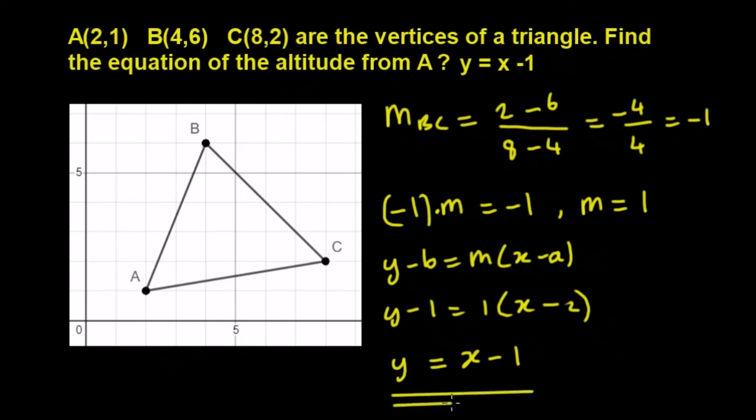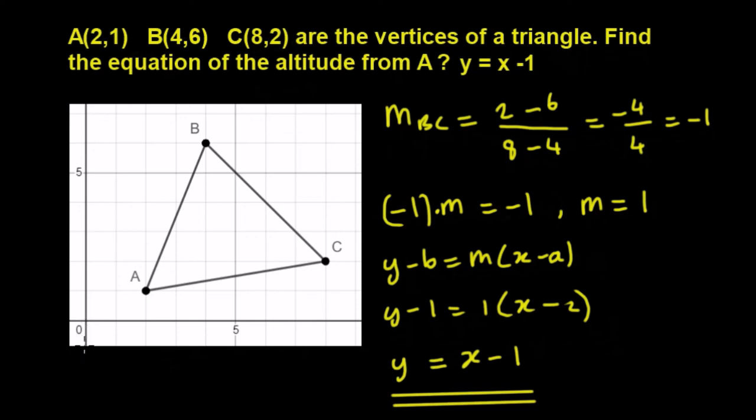And again, if you want, you could put the line y equals x minus 1 into the graphical calculator and see what it looks like. Or equivalently, you can think about what the line y equals x minus 1 looks like. Well, you know the line y equals x goes through the origin and has gradient 1. But the line that we're going to have is y equals x minus 1, so it has gradient 1, but it passes through the point (0, minus 1).